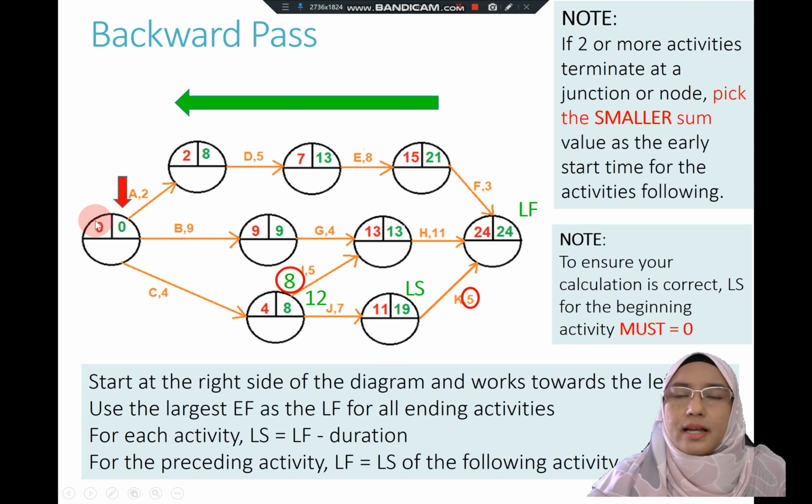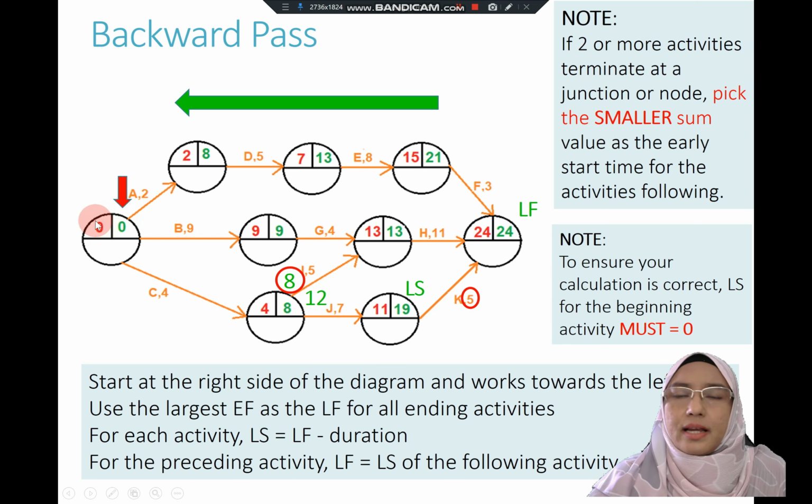It cannot be more than 0. If you calculate and you find that this box is not 0, then there is something wrong with your calculation, so you need to redo. So this is the best checking for your network schedule diagram calculation.